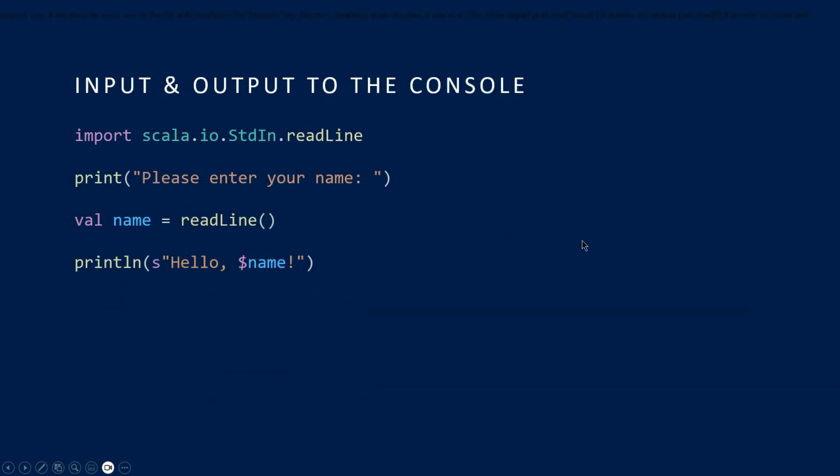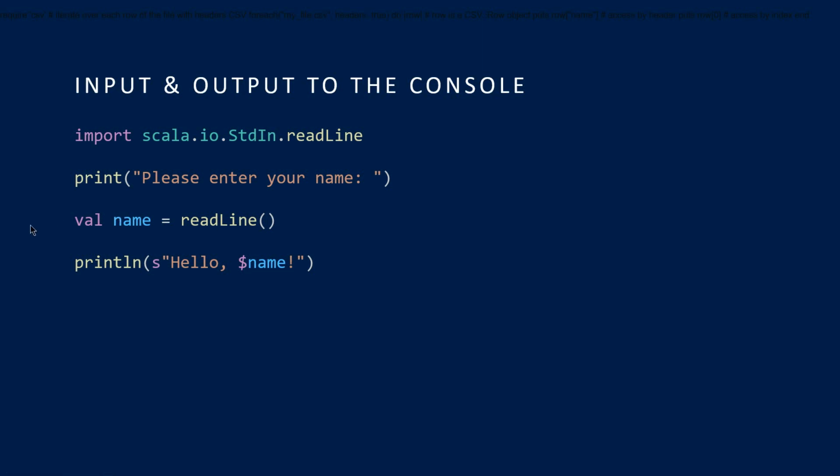And then I always like to finish off with a simple input and output to the console, because over the years I've done this so many times in different languages, and it's really good to just know how you do this. I'm using scala.io.StdIn.readLine. So just printing out, please enter your name.